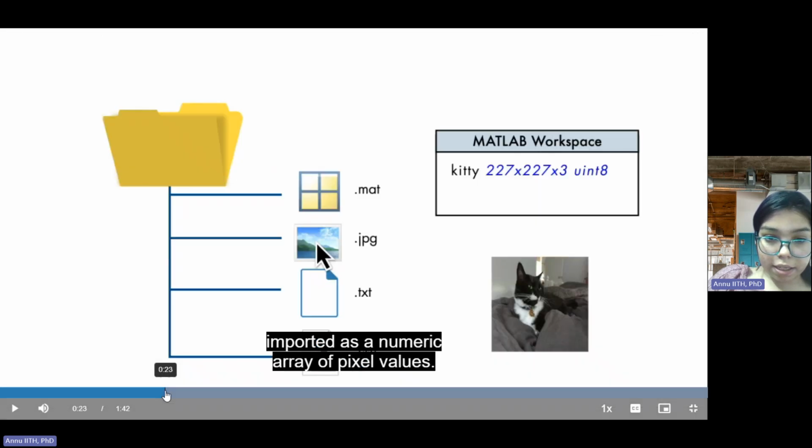So that's what it is saying. We can import into MATLAB, but the MATLAB workspace will work differently for different types of import files.